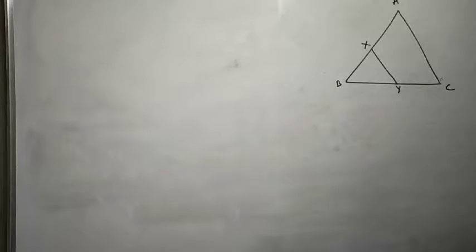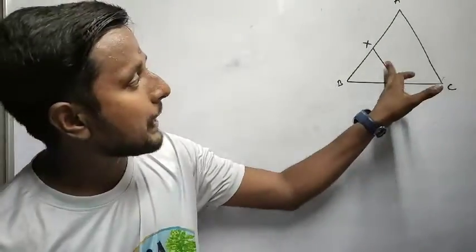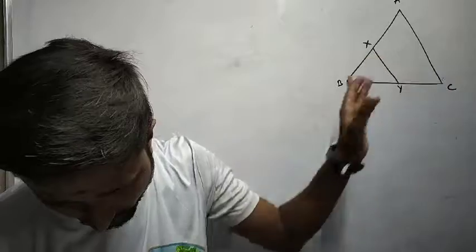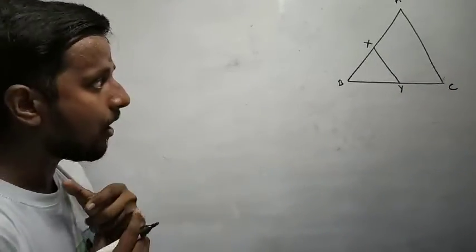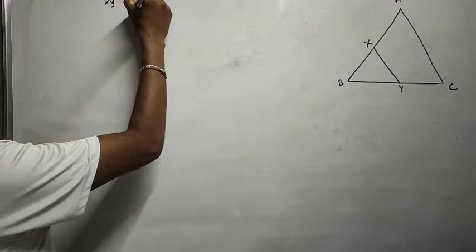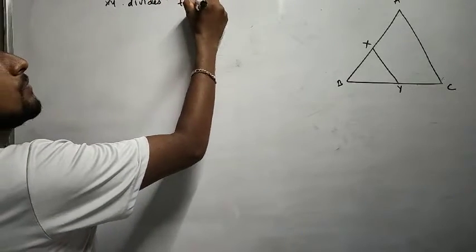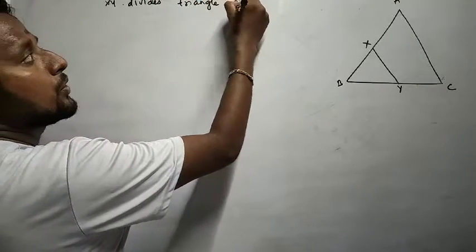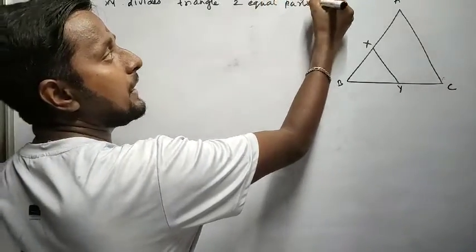Here is the second question. In triangle ABC, XY is parallel to AC and XY divides the triangle into two parts of equal area. So XY divides the triangle into two equal parts in area.